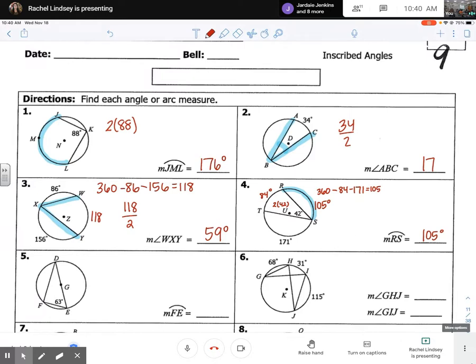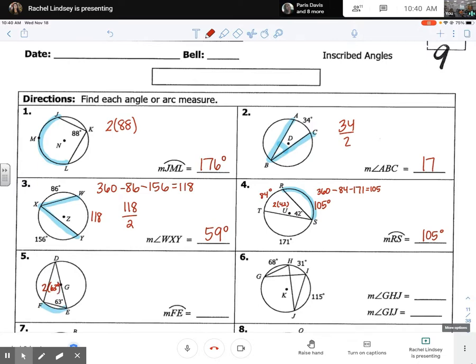Okay, so I need to find arc FE. In order to do that, I need to find arc FD first. So 2 times angle equals arc, so 2 times 63. Don't let this extra little leg in there confuse you. You can mark it out if you want to.